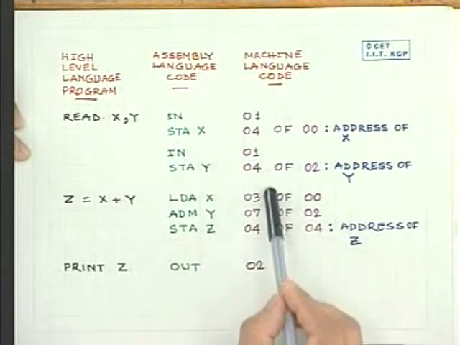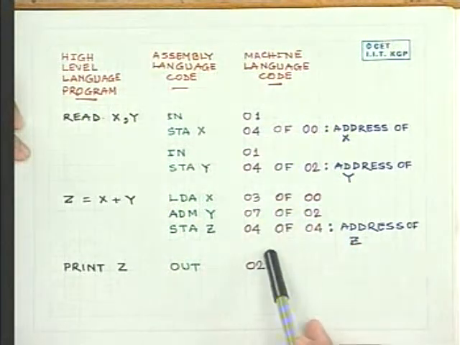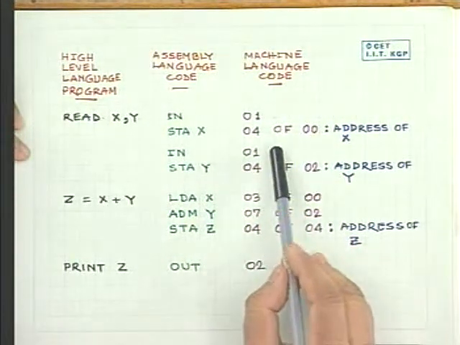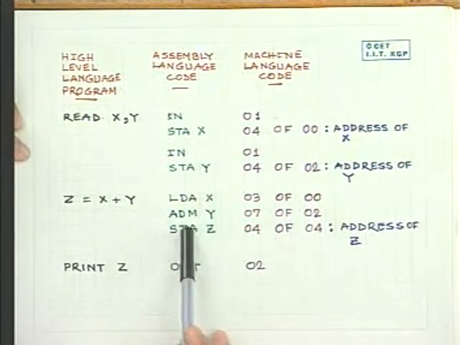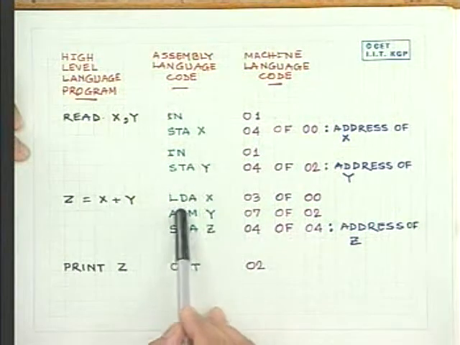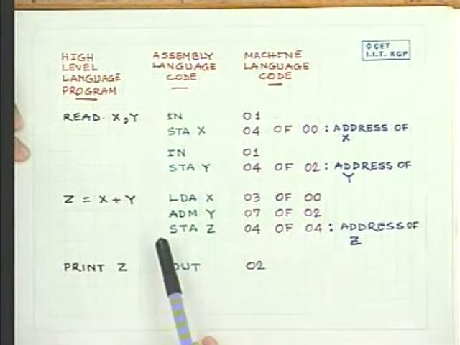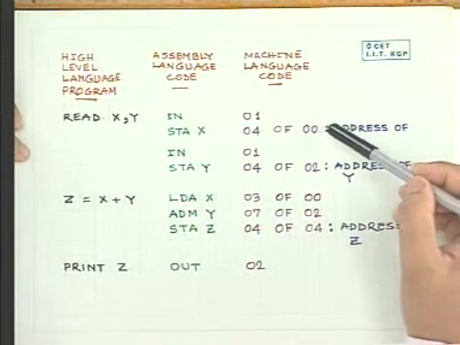Now, another thing is apparent from here. I am talking about an accumulator based machine. That means the arithmetic operation results are kept in that accumulator. For example, when I have added, the result is in that accumulator. And the second point is that it is a single address machine.